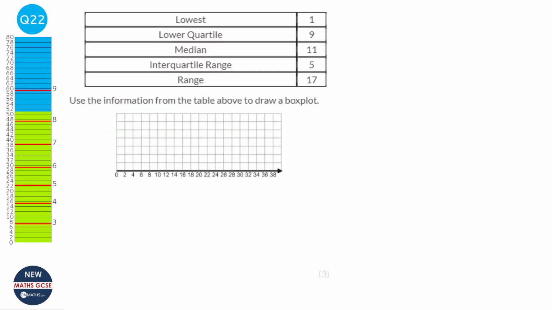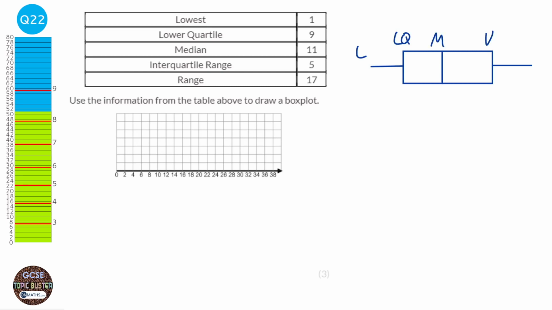A box plot starts with the lowest value, then it goes to the lower quartile. So we have the lowest value, then the lower quartile, and then we have the median, then the upper quartile, and then the highest value. So lowest value is at 1 on this one, and normally we just put a little line at the end here.